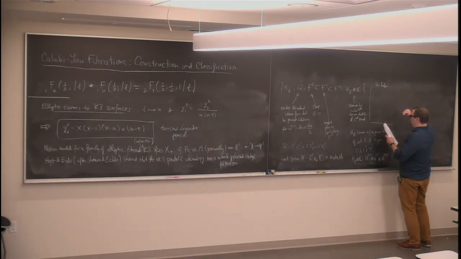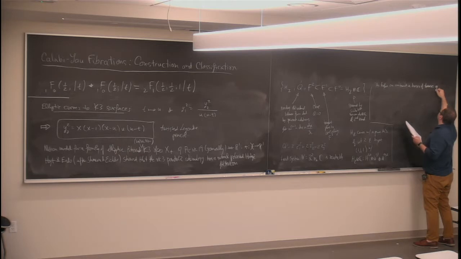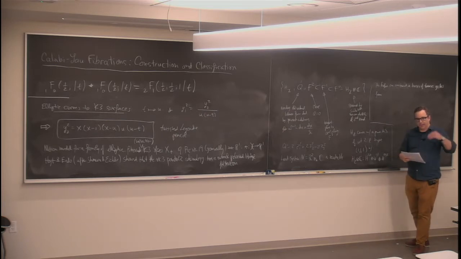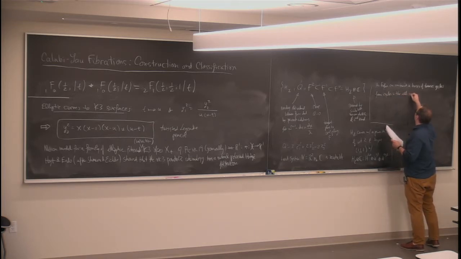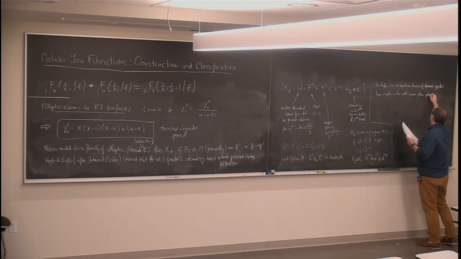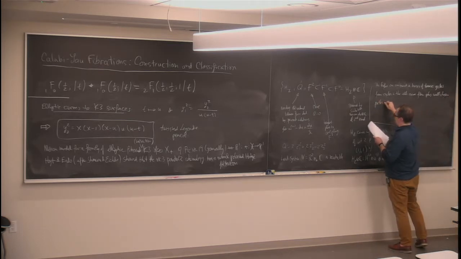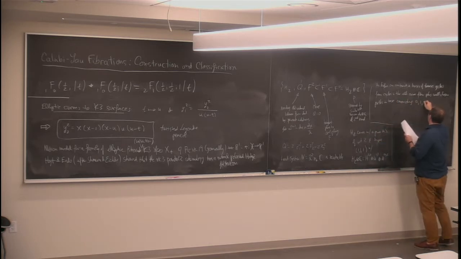As before, that's what I mean by as before, we can construct a basis of transcendental cycles from cycles in the elliptic curve fiber plus well-chosen paths in the base connecting 0, 1, t, and infinity.